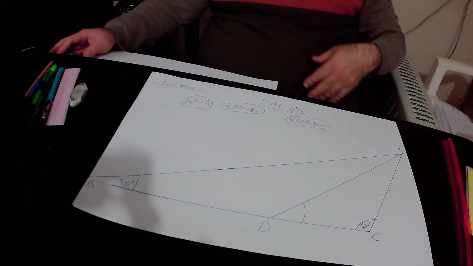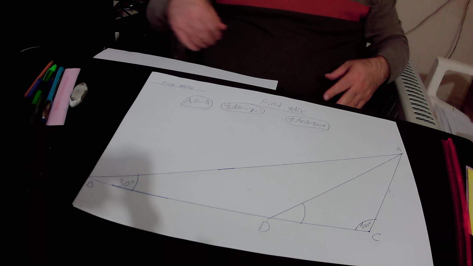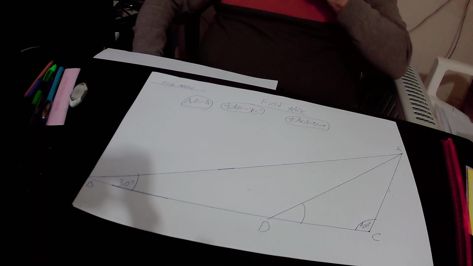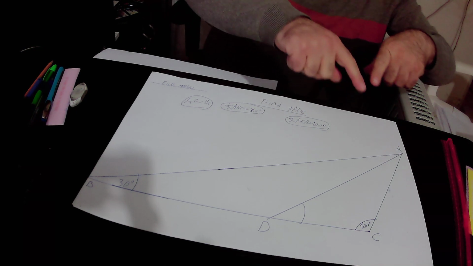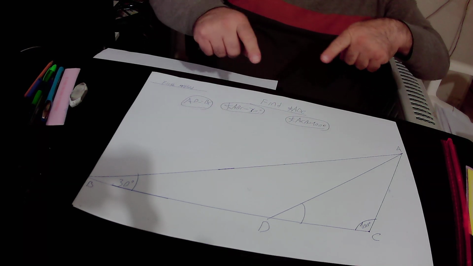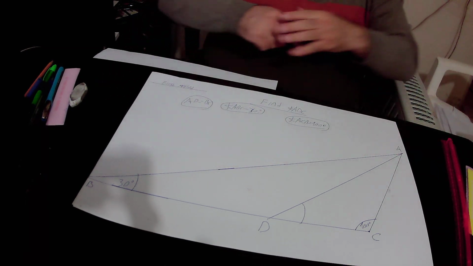Hello, in this lecture we will find out the value of angle ADC using two different methods. In the drawing we have triangle ABC. We know that AD is equal to BC.